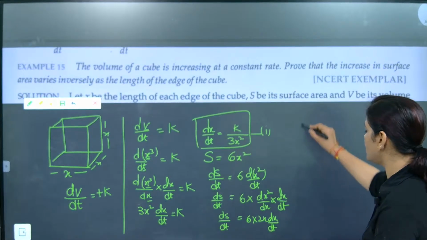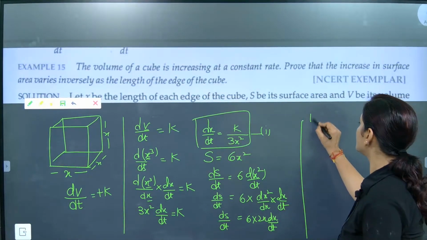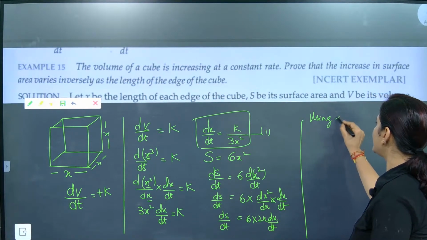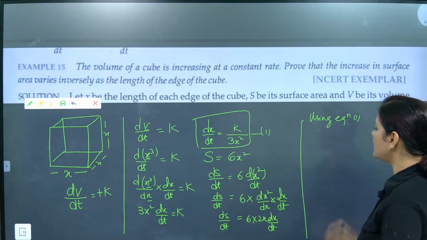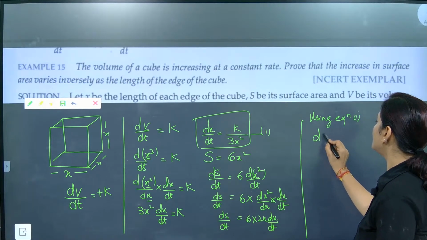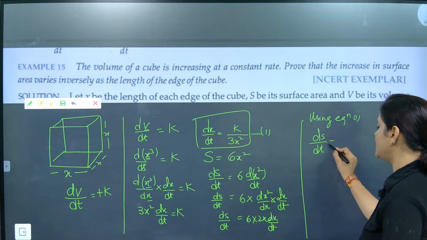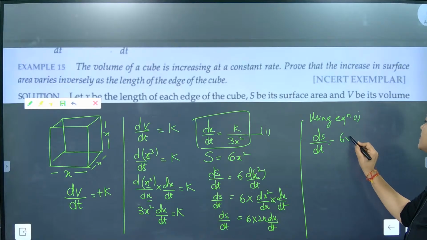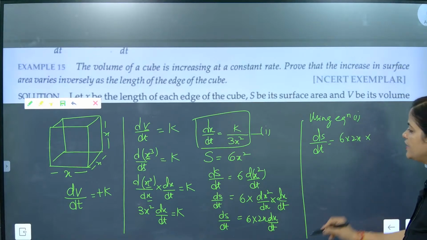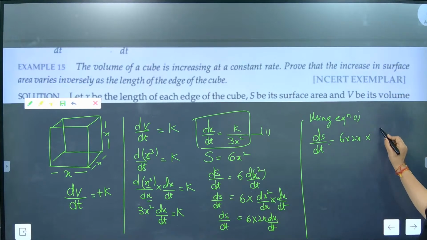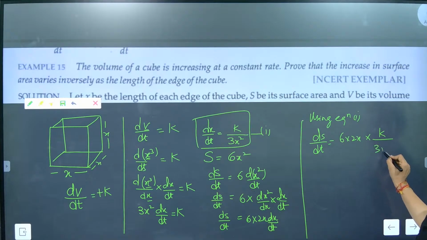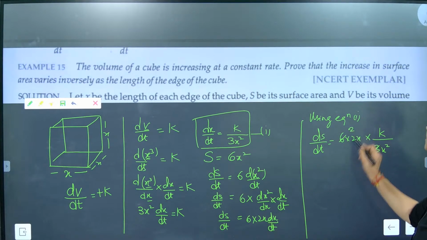Now what we are going to do is substitute. Using equation 1, ds by dt is equal to 6 into 2x into dx by dt, and dx by dt is k by 3x square. This and this will cancel. It will become 2.